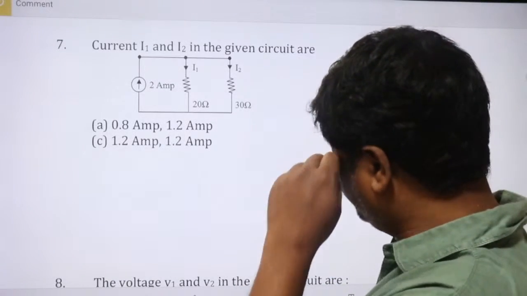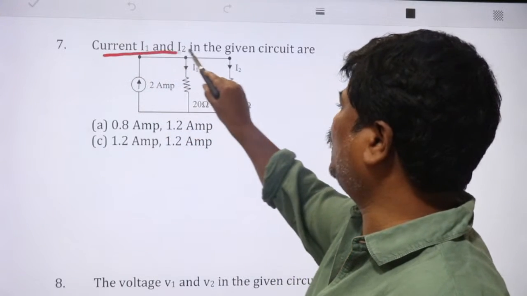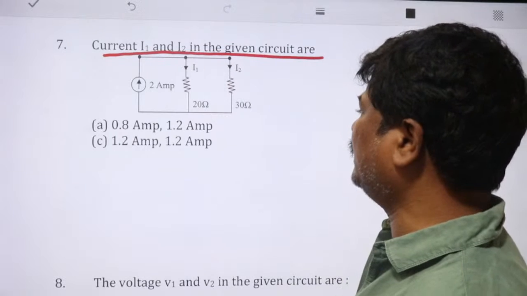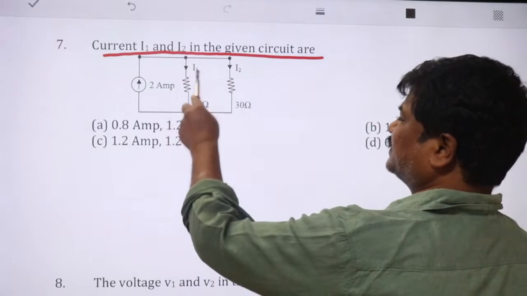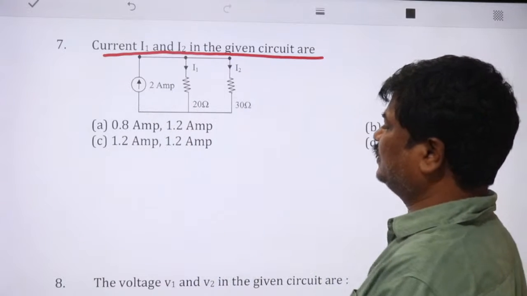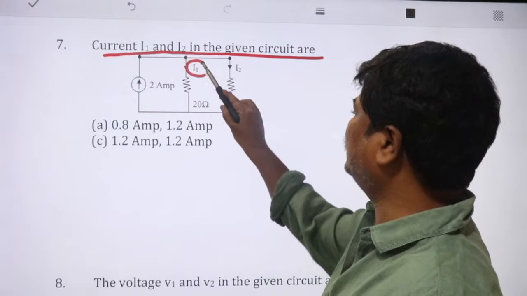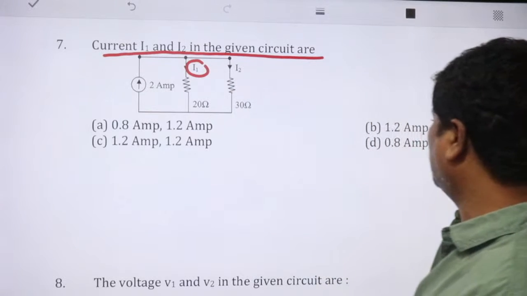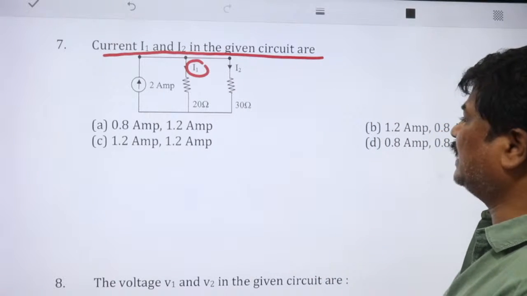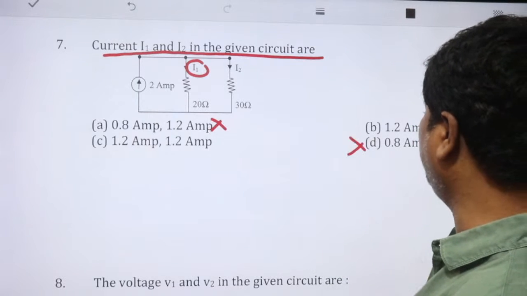See here the problem. The current I1, I2 in the given circuit: the total is 2 amperes, with 20 ohms and 30 ohms. What are the currents? I think the current through I1 is greater than I2. Option A is not the answer, option B is not the answer.